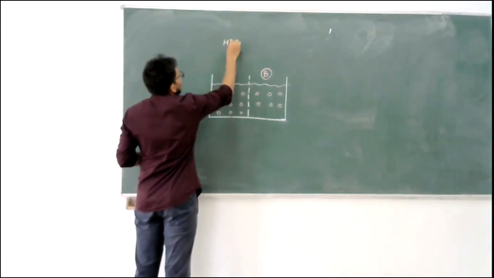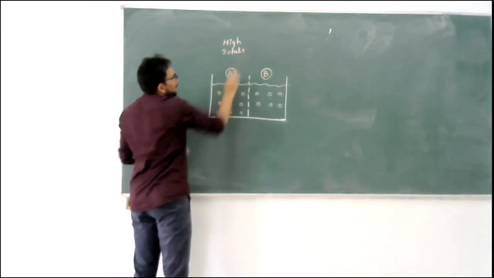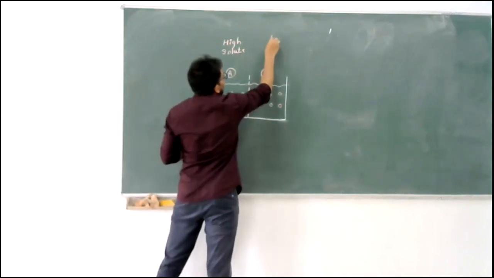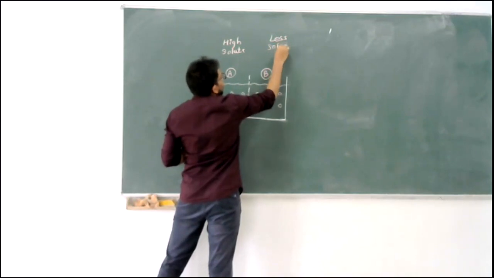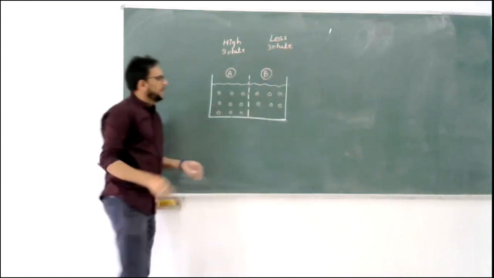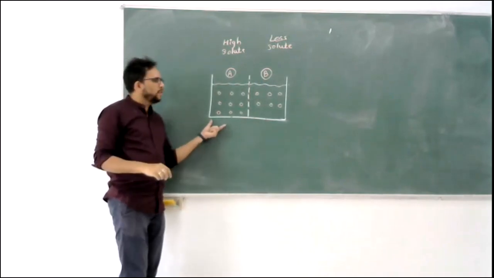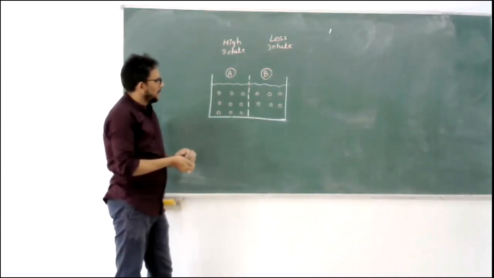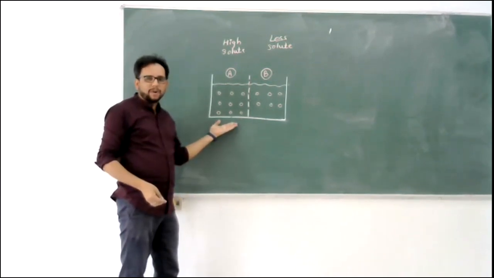high solute. Comparatively, this is having less solute. Right? Now, in the earlier example, I had told you, percentage wise, if you calculate, this will have less percentage of water.